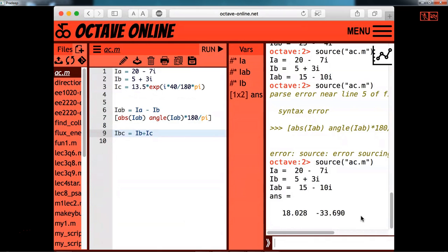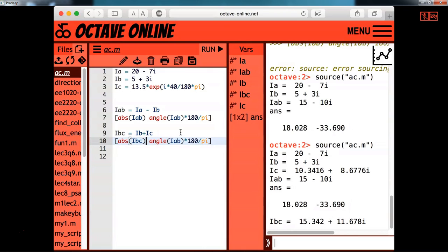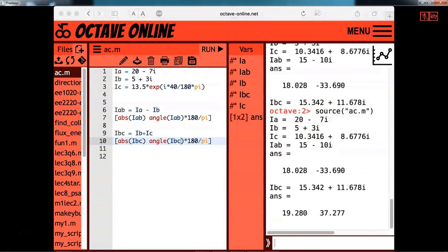Okay. So far, whatever I have done, let me record these answers and let's go to the last one. Power supplied by VS gives output current of IA. For that, first convert IA into polar form.